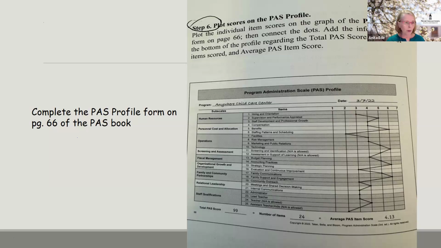A 4.13 is not very great. That's not where you really want to be. And you notice they had some rather low scores here in their staffing patterns and scheduling. And then down here with the assistant teacher. And notice it says NA is not allowed. Some of them are absolute requirements.